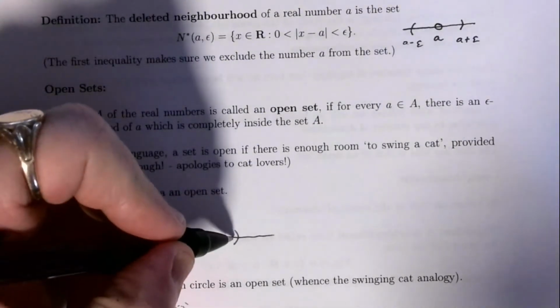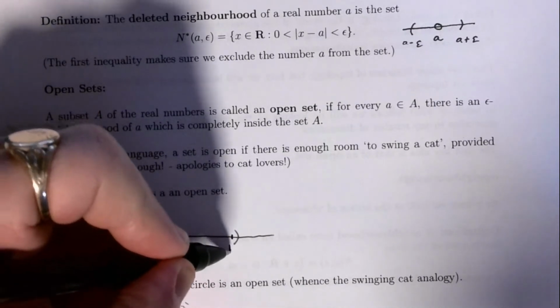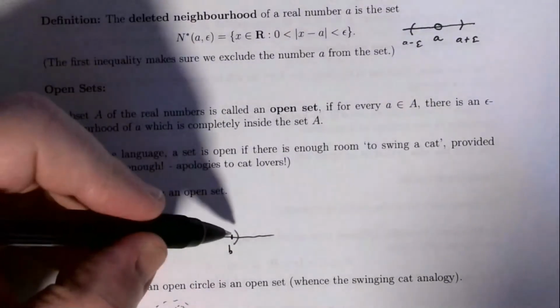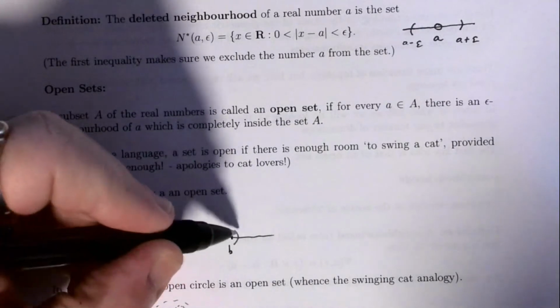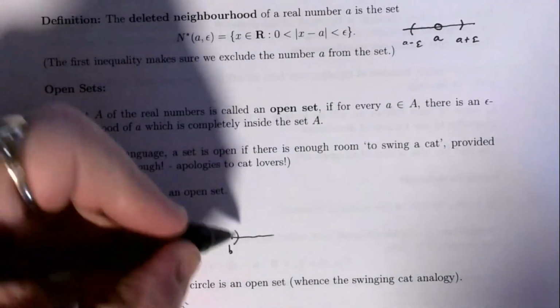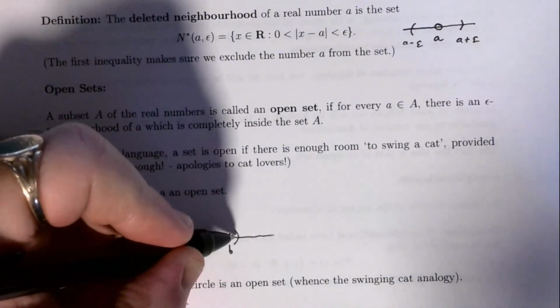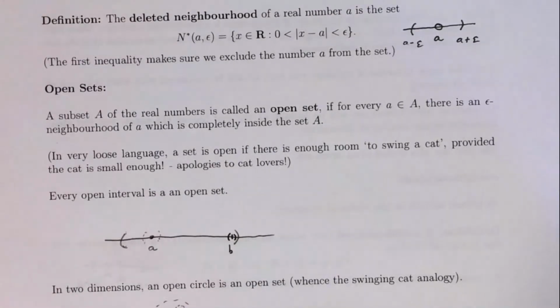You can go very close. For example, I could take a point B here, which is very close. Remember, the endpoints are excluded, so we can't include the endpoint here, and you can just squeeze in a little epsilon neighbourhood around that point.